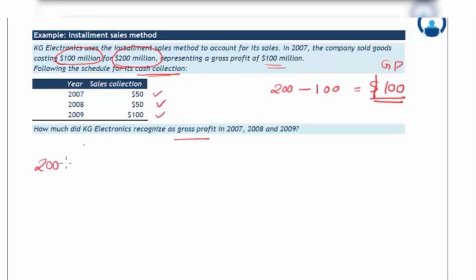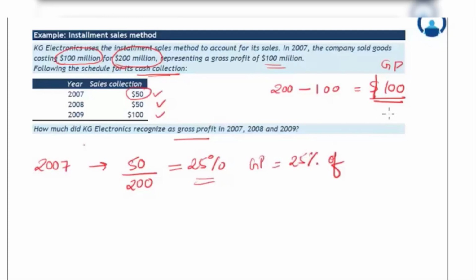So let's start with 2007. How much percentage is collected in the year 2007? This is basically 50 divided by 200. 200 is the total sales amount that needs to be collected, and 50 is collected in 2007. So this is 25%. So gross profit would be equal to 25% of the total gross profit, which is 100.